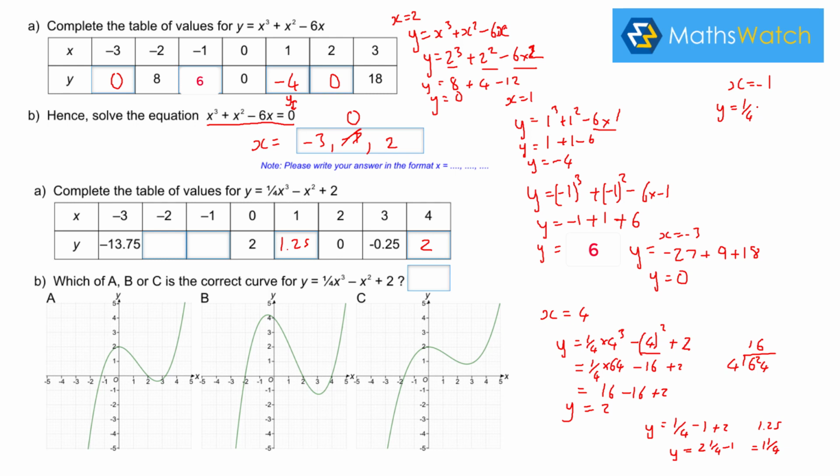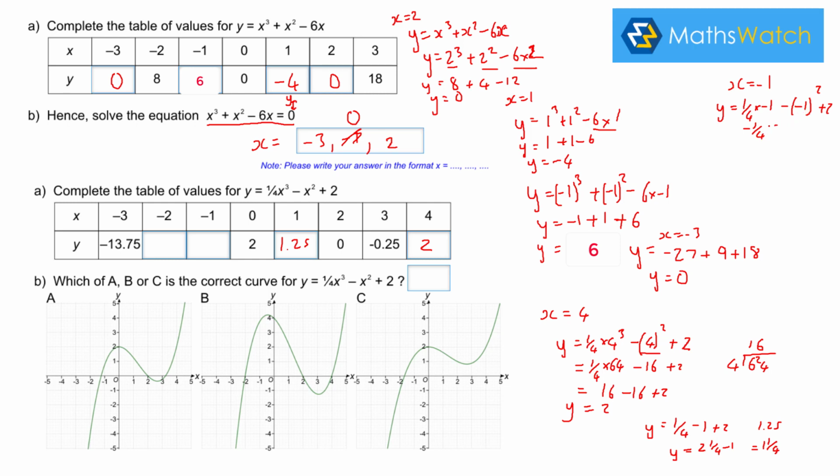So am I going to run out of space? I'm going to use this space up here for this. So when x equals minus 1, y is going to be a quarter times minus 1 cubed, which is times minus 1. Now it's minus 1 squared plus 2, same constant. I've never seen a question like this in an exam because normally they don't make it this difficult because lots of students will make mistakes on this. So this could appear on a calculator paper if it did appear.